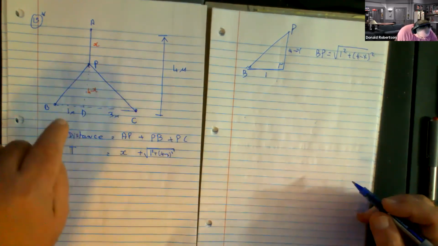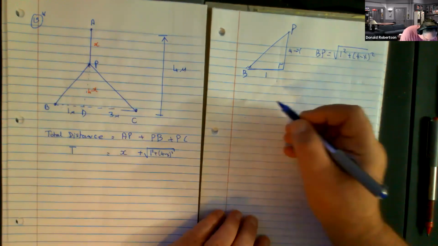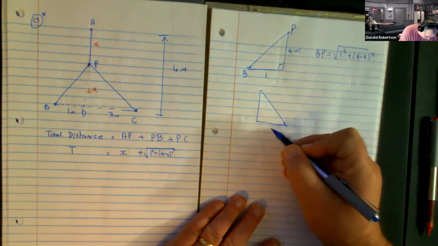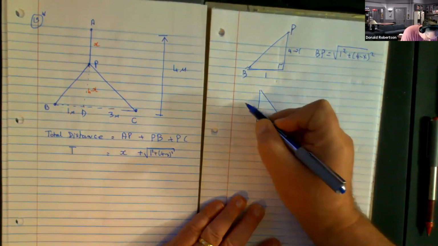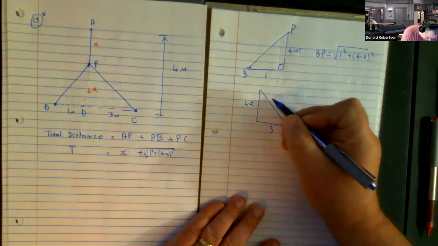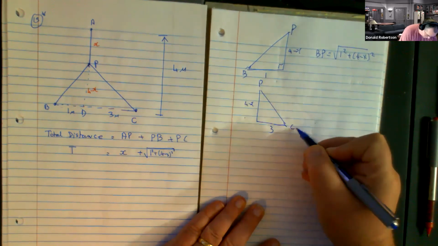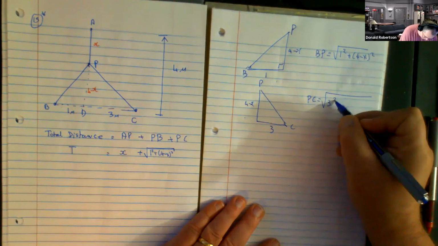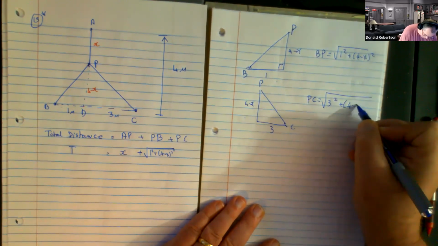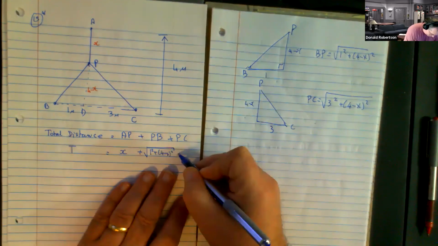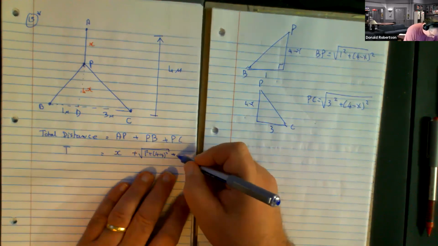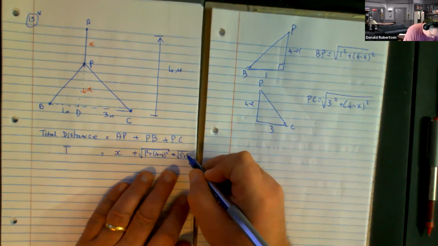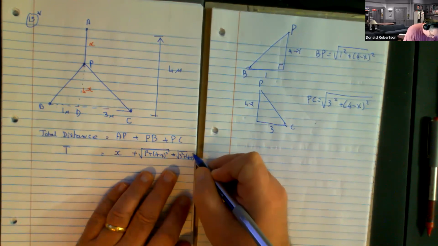Now, if you want to do PC, similar kind of situation, only this distance here is 3, this is still 4 minus X, and this is PC. And if you use Pythagoras, it's going to be 3 squared plus (4 minus X) squared. So it's going to be the square root of 3 squared plus (4 minus X) squared.